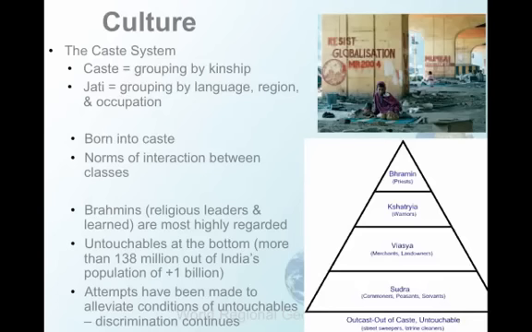More than 138 million people out of India's population, which is more than 1 billion people, make up the untouchables class. You should know that attempts have been made to alleviate the conditions of untouchables. However, despite these political measures, there is still a large percentage of the population that goes by the caste system, and so discrimination continues throughout much of India.